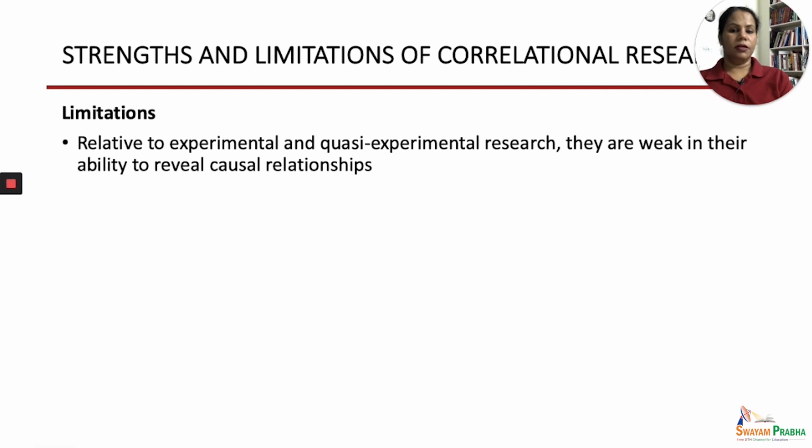So again and again I am telling you that particularly in non-experimental research designs, we cannot say that the relationship is a cause and effect relationship. We can simply give information about what the relationship between the variables is, but we cannot say that one particular variable is causing another variable. So that is one limitation of the non-experimental research design.